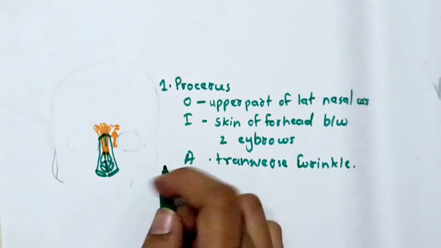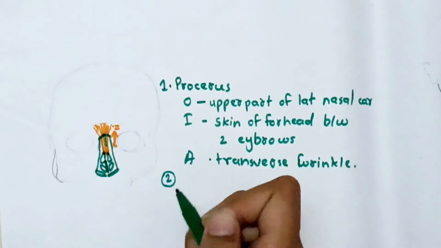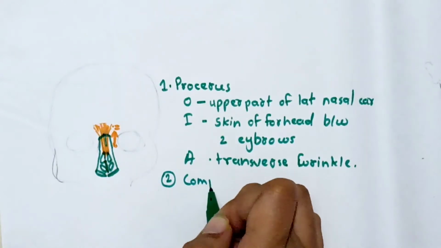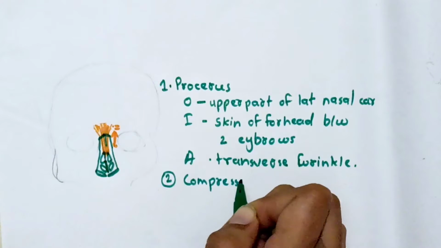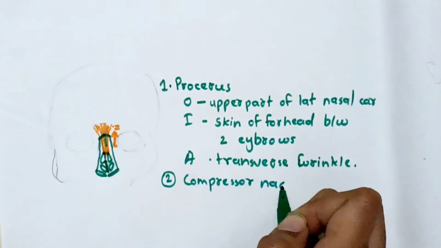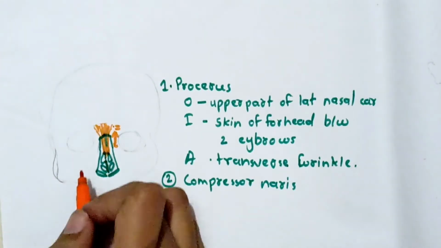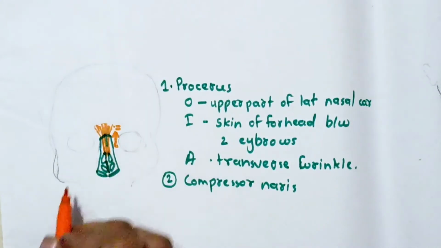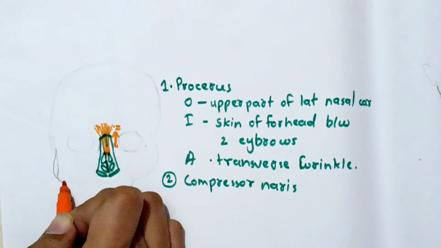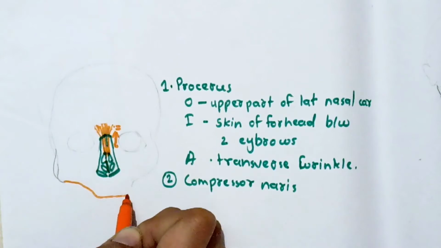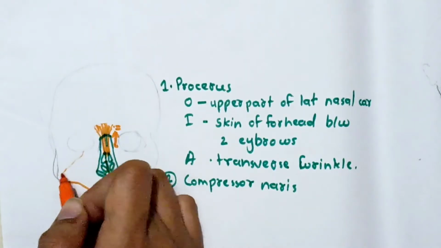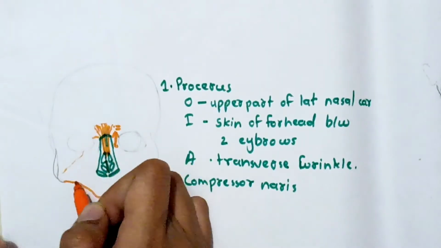Now the next muscle is compressor nares. Let's see this muscle. We know that this whole bone is the maxilla.